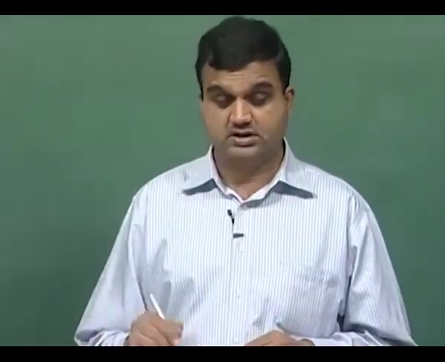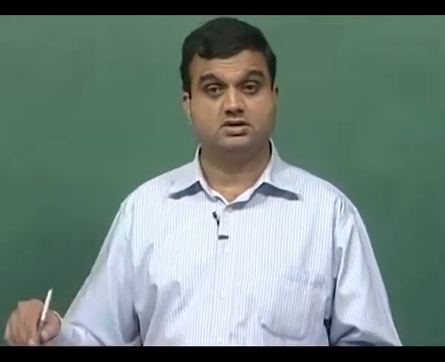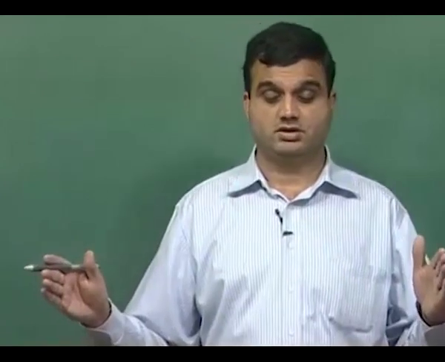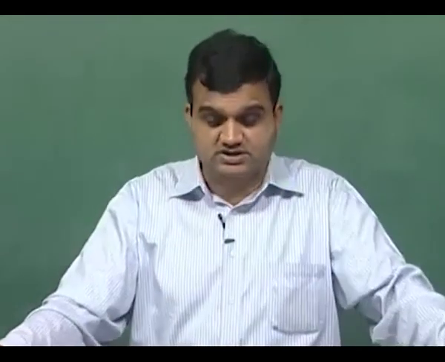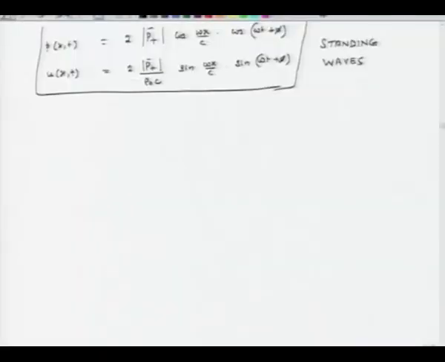Once things have stabilized in this tube, because of the steady state solution which the pressure wave equation is giving us, you get standing waves for pressure and also for velocity. And the way these waves vary with respect to x, we will draw it here.